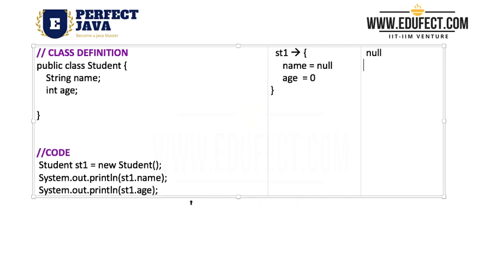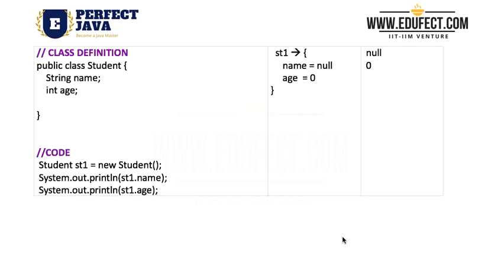And when we say system.out.println st1.age, what will get printed is 0. So these are the default values it takes. A string is always initialized to null. Null means there is no object there. It's a special keyword meaning nothing. And integers are always initialized to 0.